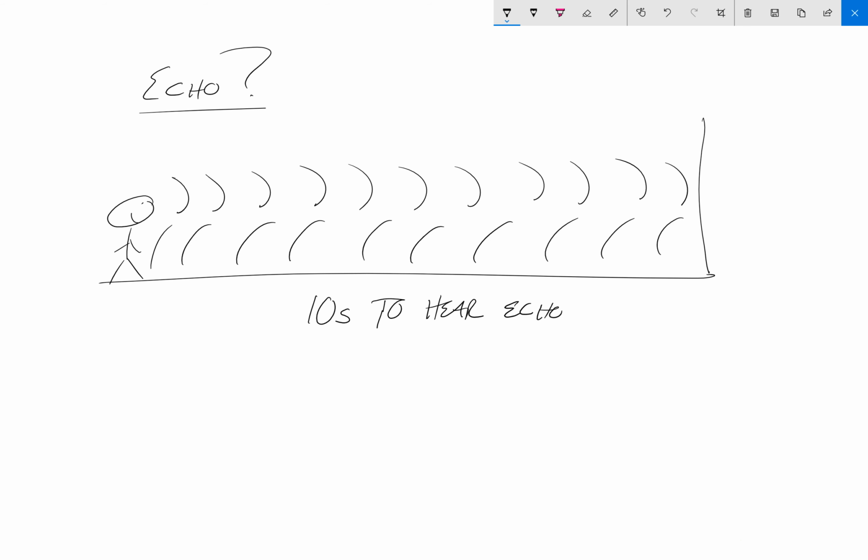That means that the whole trip there and back was 10 seconds. Please don't overthink this. If the speed of this wave is constant, how long does it take for the wave to go from the person to the wall or the wall back to the person? Yeah, 5 seconds each way. Just want you to be aware of that. That might come in handy.